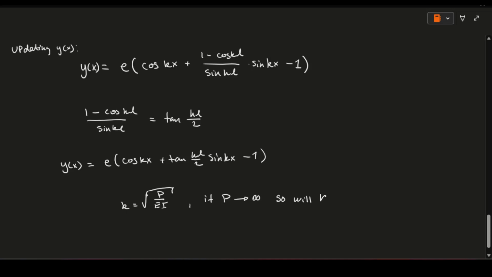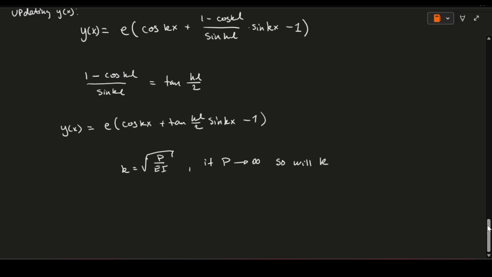So if p increases to infinity, then k will also increase to infinity. But if you take the limit as k approaches infinity of this tangent kl over 2, this will also approach infinity.